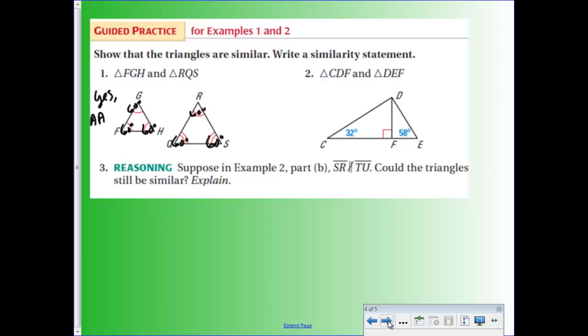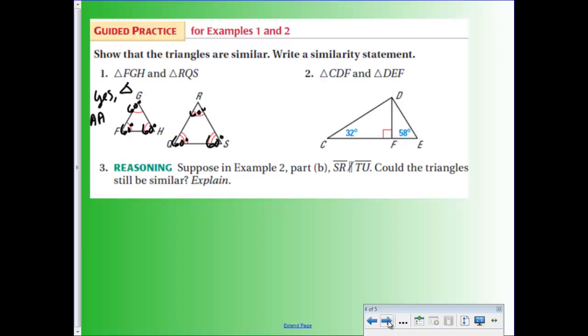And so if I say write a similarity statement, this is kind of where they're throwing you for a loop on this one. What parts are congruent to each other? Isn't this one congruent to that one? Isn't this one congruent to that one? Isn't this one congruent to that one? Yeah, so in this case, it doesn't matter which letter you start with and which ones you match up because they're all equal to each other.